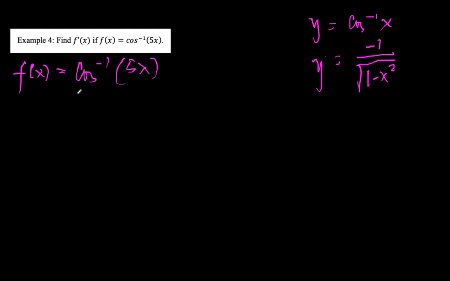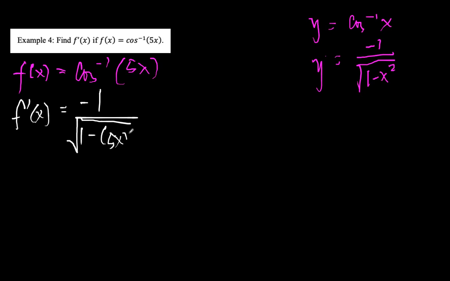So let's start differentiating example number 4. The derivative of f of x is equal to, since it's inverse cosine, we're going to use this formula: negative 1 over the square root of 1 minus, since x here is 5x, so that's 5x squared, times the derivative of 5x.